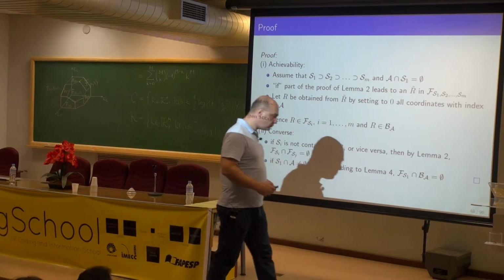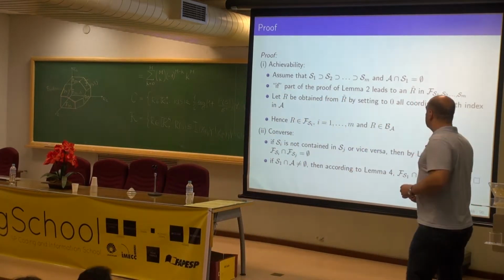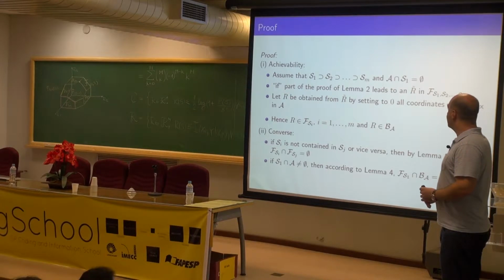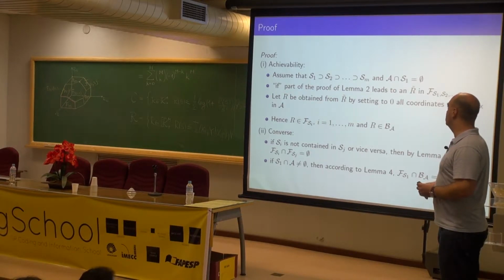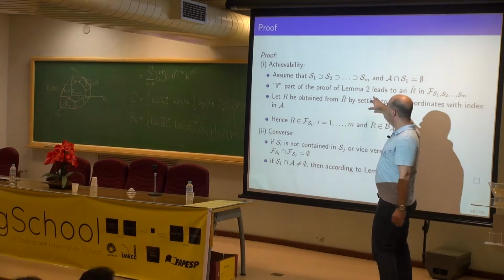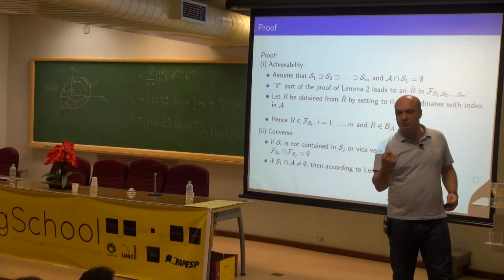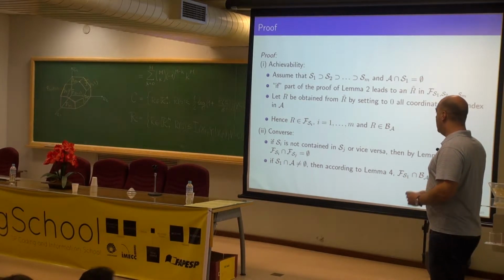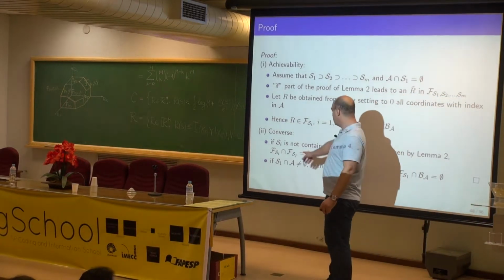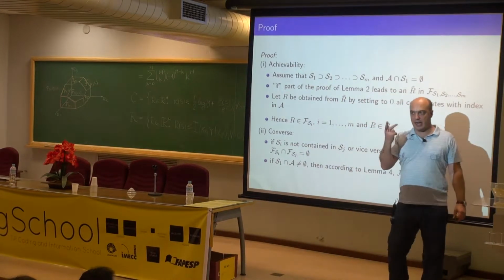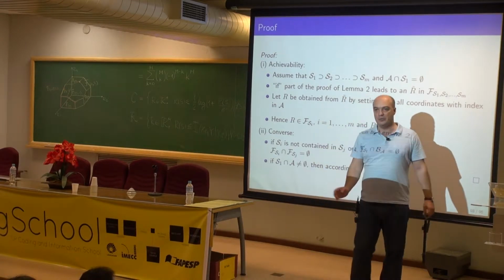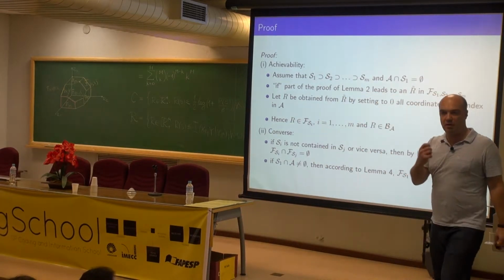And probably it's not that fun now to go through the proof. It's a very similar proof to the previous part, so we use the previous lemma. If it works for 2, it must work by adding more and more. And then for the converse, if any Si is not contained in the next Sj, then immediately we are out of the game because our lemma is not fulfilled.